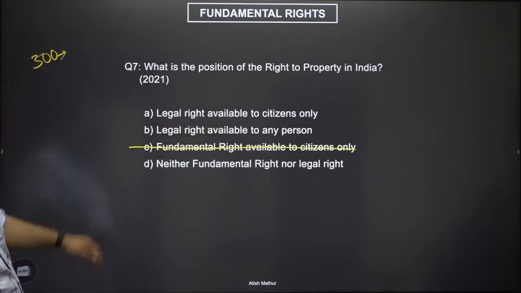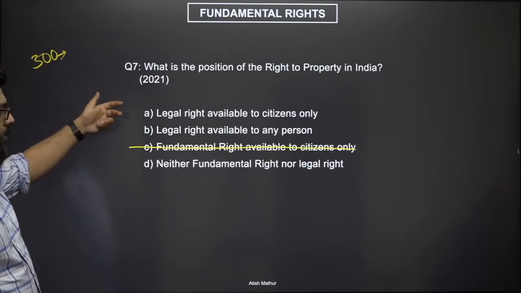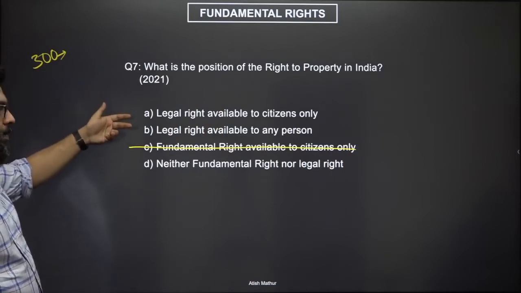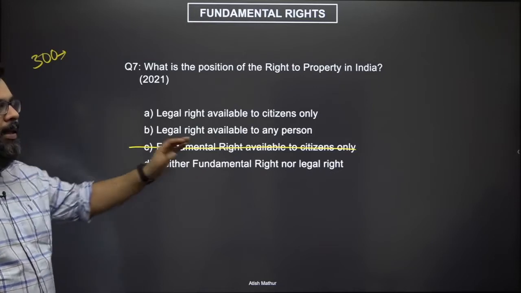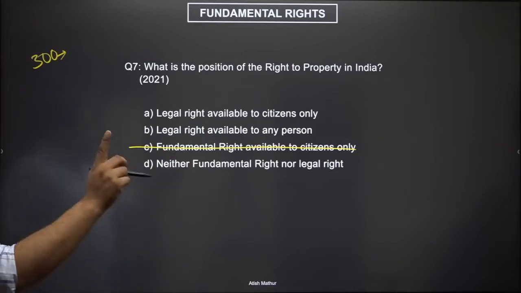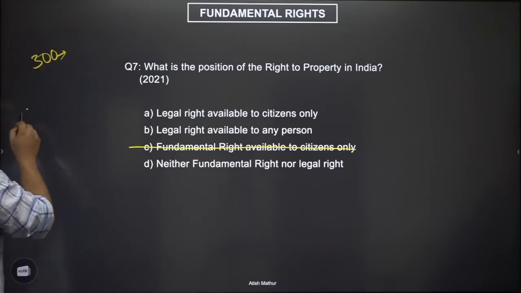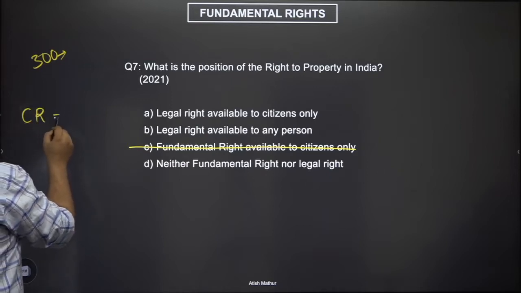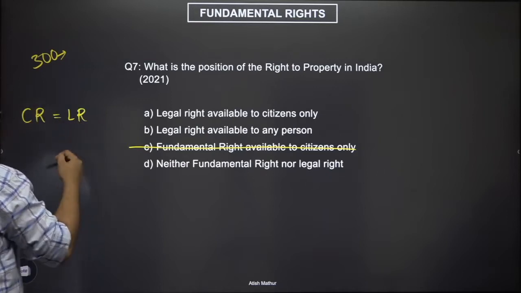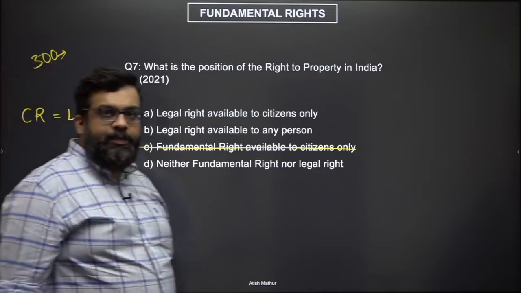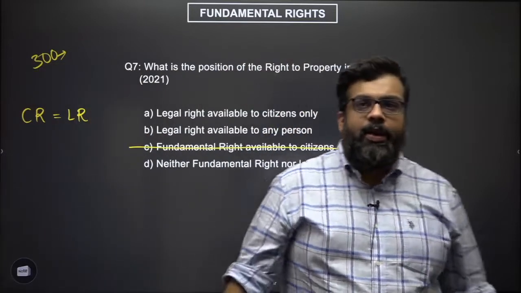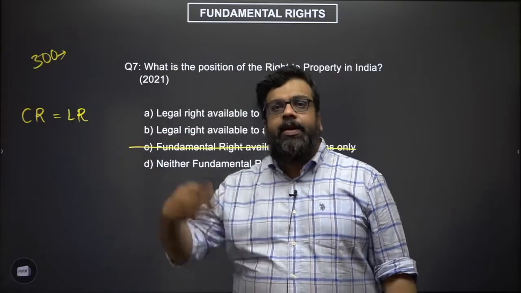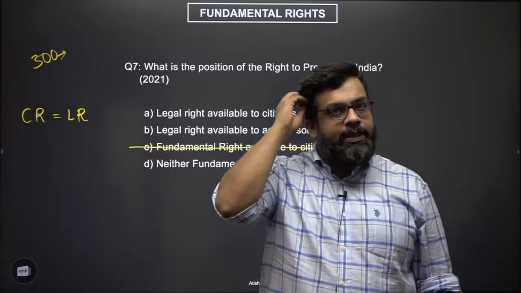Now we are left with legal right available to citizens only, legal right available to any person, neither a fundamental right nor a legal right. Remember, a constitutional right and a legal right have similar manners of enforcement. The Constitution is a law after all. So if your legal right gets violated, you can go to the High Court under 226.